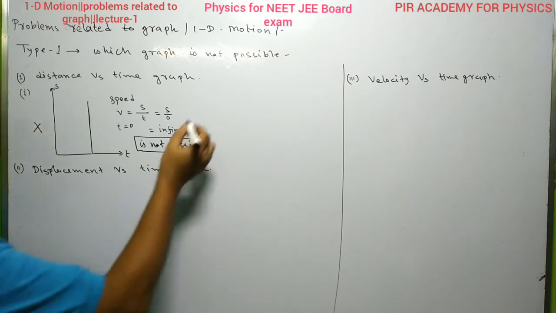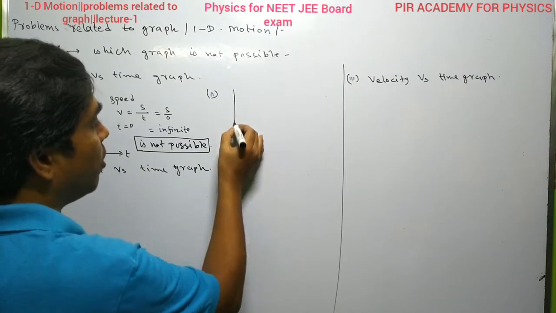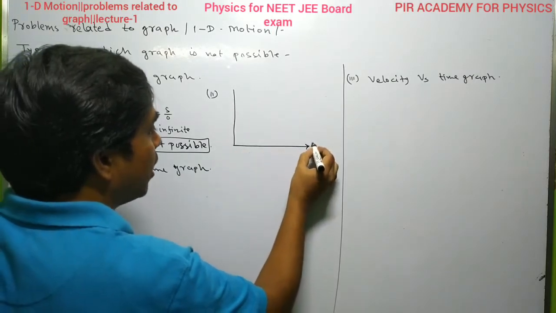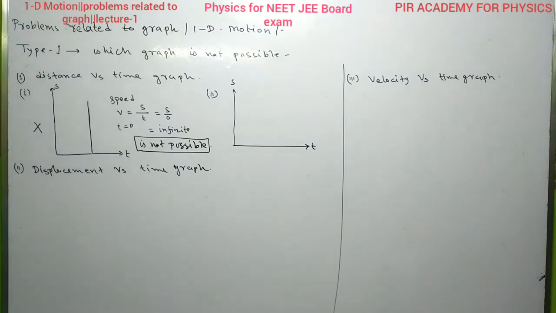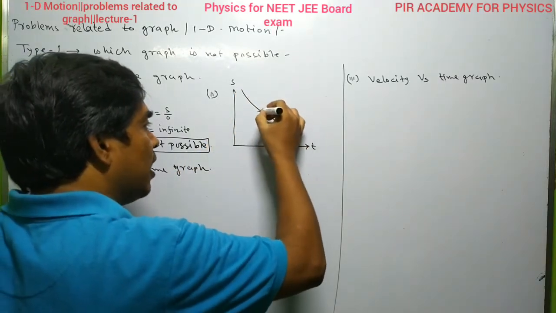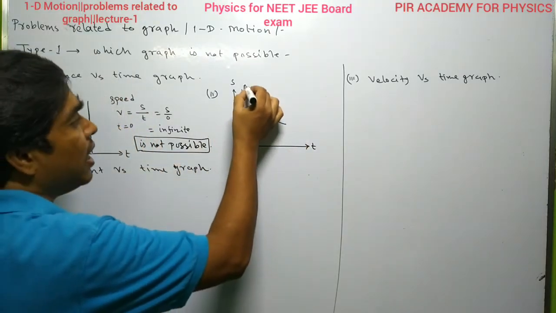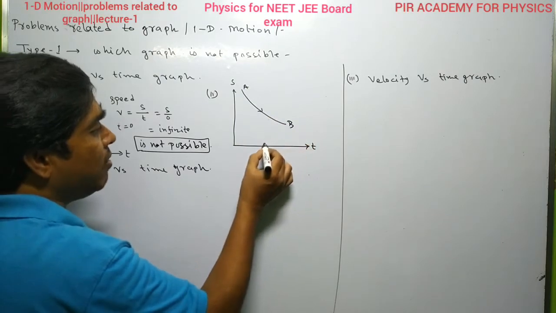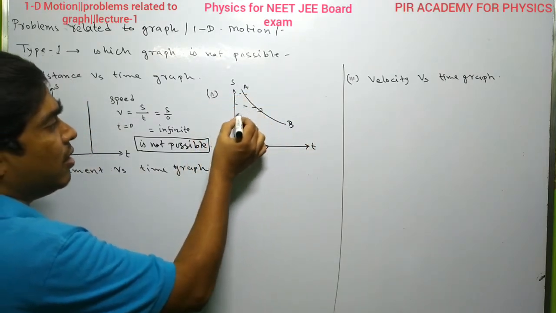Now number 2. Suppose this is time t and here is distance s. If I draw the graph like this, then what happened? Here, when time is increasing, the distance is decreasing.